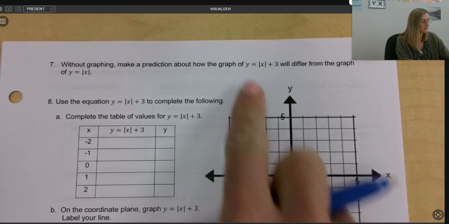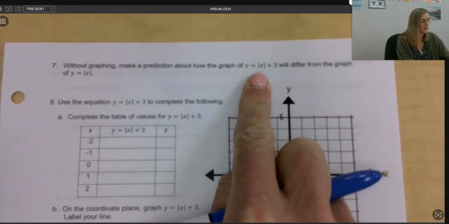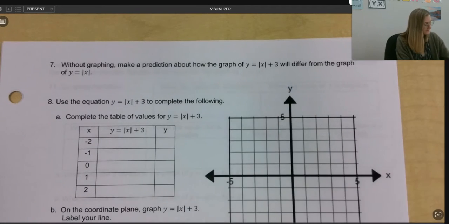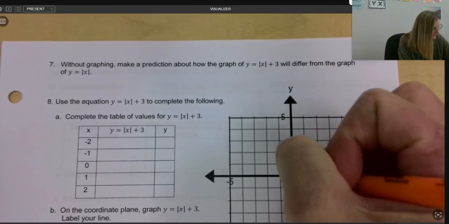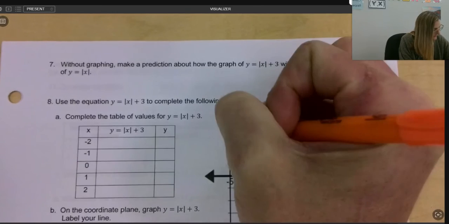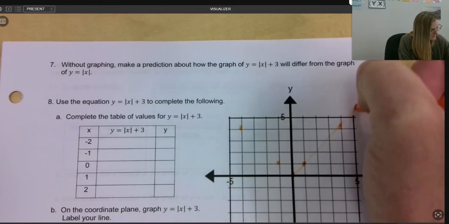Well, if we have y equals the absolute value of x, and then we add 3 to each of the y values, we can think of how that's going to shift our graph. If our original graph was right here, y equals the absolute value of x is going to look like that.